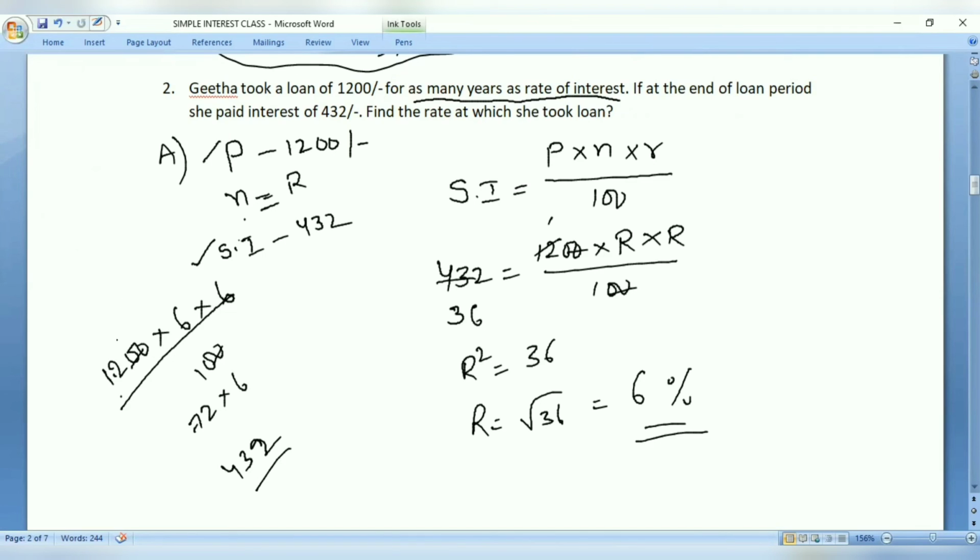So this is generally only for test purposes. So interest and time period are both equal, and how much interest we have paid is given. So from the formula simple interest is equal to P into N into R, we have calculated the rate of interest. Okay. Now let us move on to the third question.